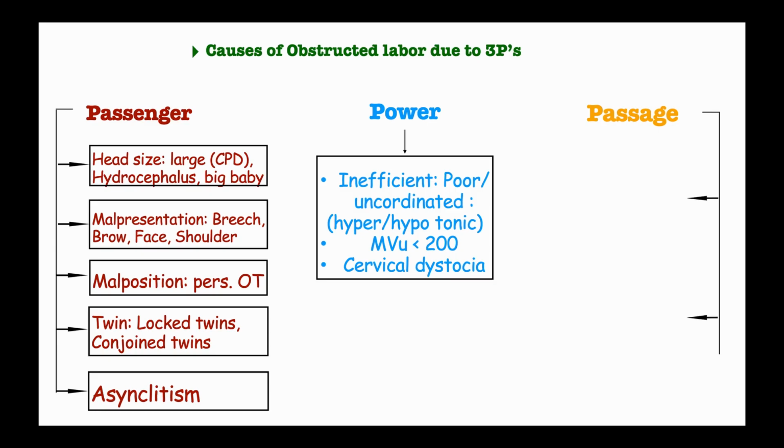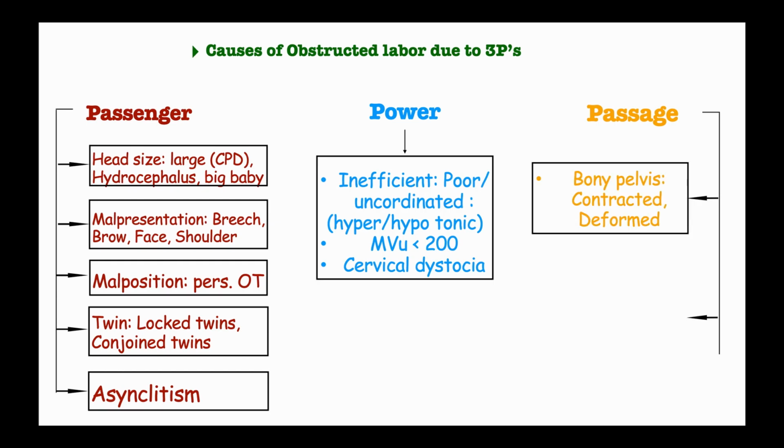Now, when we look at the passage, labor may be prolonged if the mother's pelvis is too small for the baby to pass through, or the pelvis has an abnormal shape, or if there is a tumor or other physical obstructions in the pelvis. And so we may have contracted pelvis, which may be due to malnutrition, or deformed pelvis, which may be due to either trauma or infections such as polio.